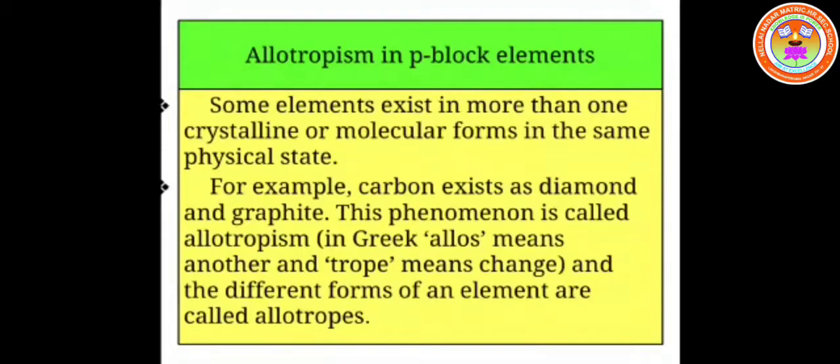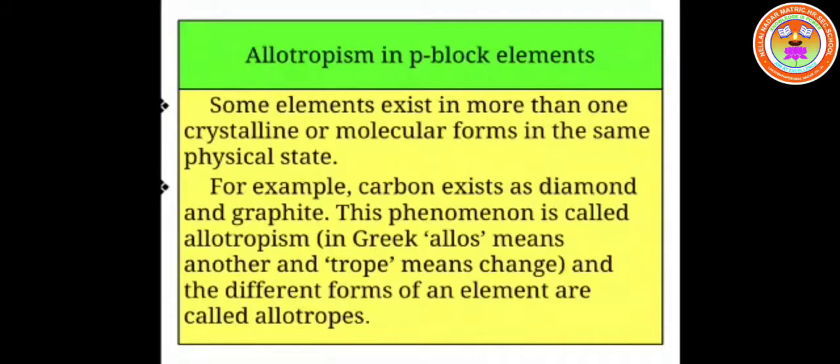They exhibit different physical properties, but they have the same chemical properties, and that phenomenon is called allotropism or allotropy. The different physical structures of those elements are called the allotropes of those elements.